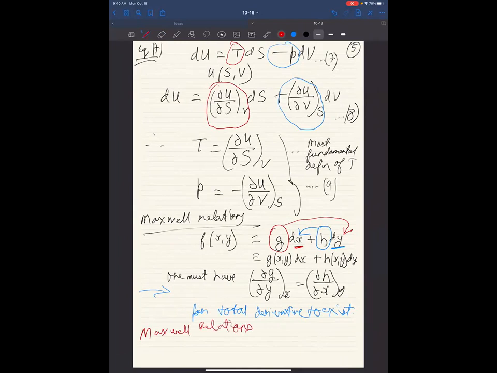I've not seen an undergrad book especially emphasizing this. Maxwell relations come from using Euler's relation for total derivative on state functions in natural variables. Okay, so you must have it in natural variables. If you don't have it in natural variables, it won't work.